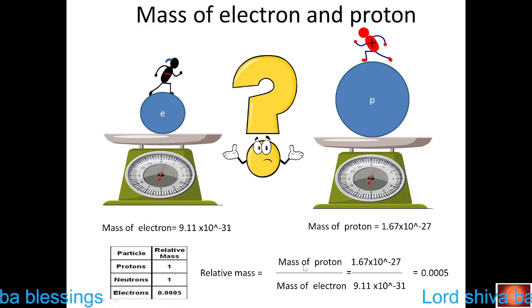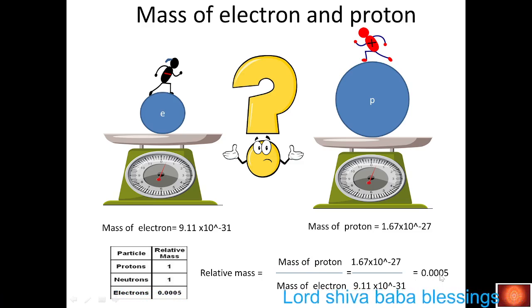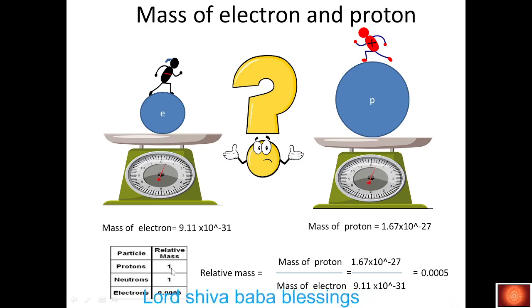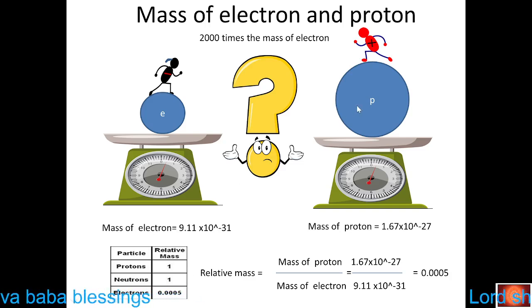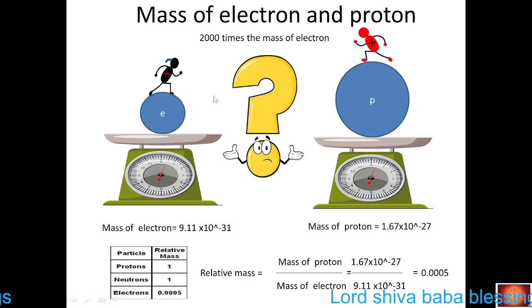Look over here, the mass of electron divided by mass of proton gives you a value of 0.0005. That is, if we consider the relative mass of proton as 1 and neutron as 1, the electron mass will be 0.0005. So what it tells you is that the mass of the proton is 2000 times the mass of the electron.